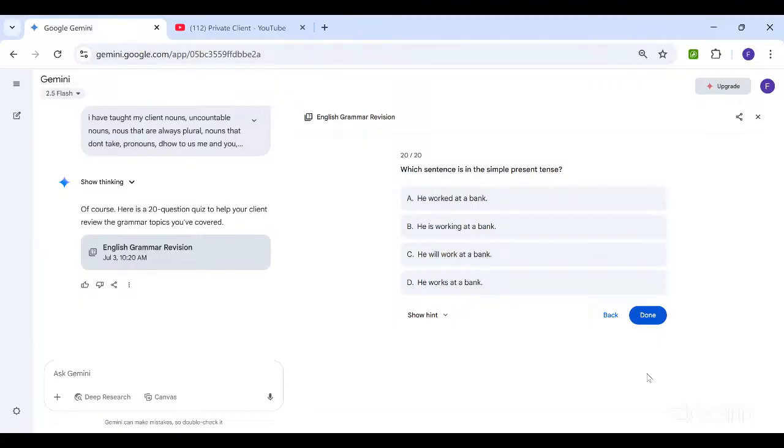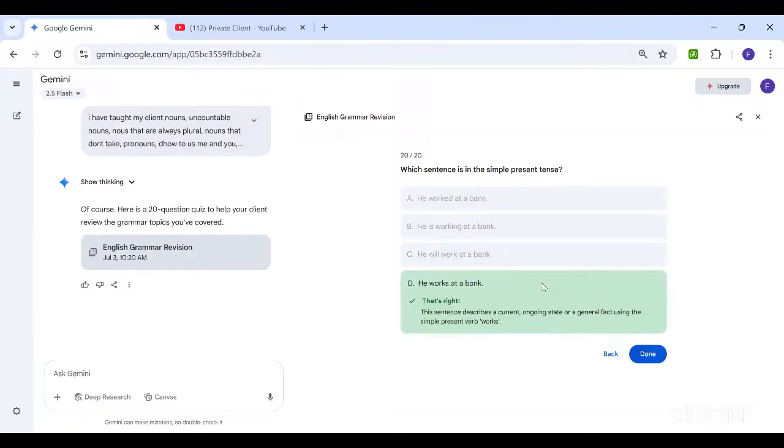He work at a bank. Which one is the answer? Okay, simple present. He works at a bank. Is that your answer? Final answer. Correct.